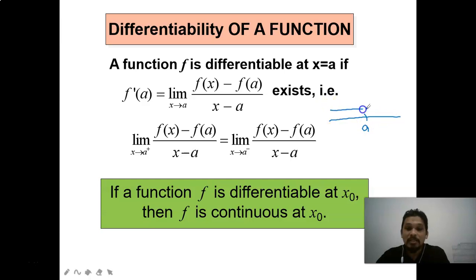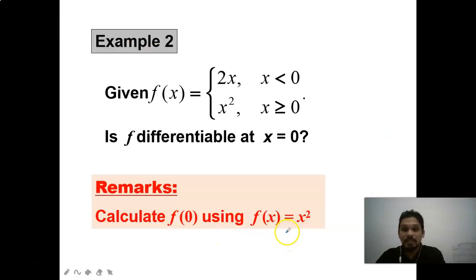There is a case that x approaching a from left and x approaching a from right have different functions, the first function f1 x and f2 x. If a function is differentiable at x naught, then f is continuous at x naught. So we'll see what's the meaning of all this here.